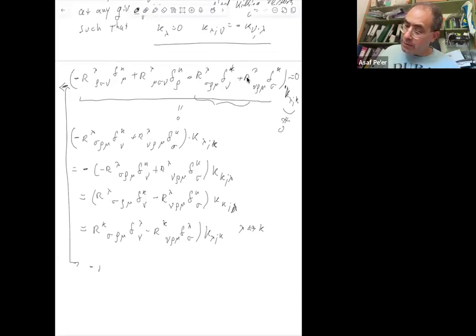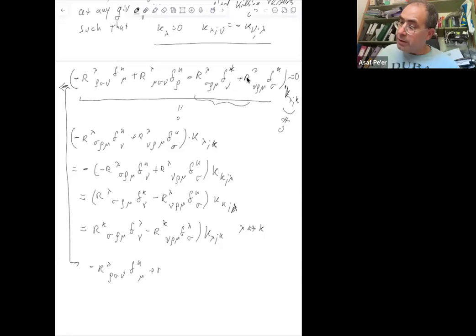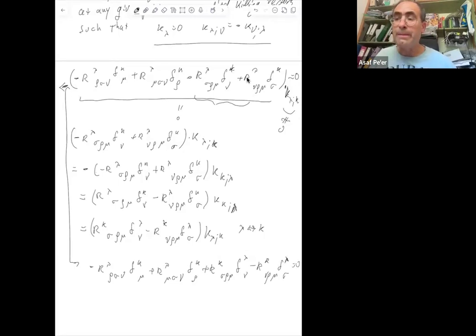Then down that, minus R_lambda rho sigma nu delta_kappa mu plus R_lambda mu sigma nu delta_kappa rho plus R_kappa sigma rho mu delta_lambda nu minus R_kappa nu rho mu delta_lambda sigma is equal to 0.